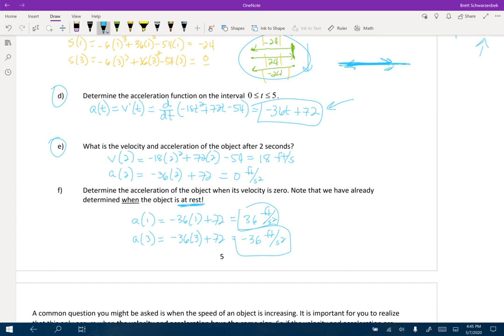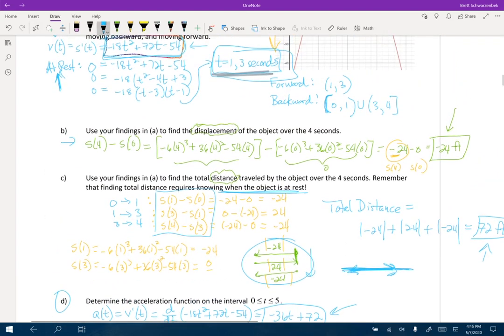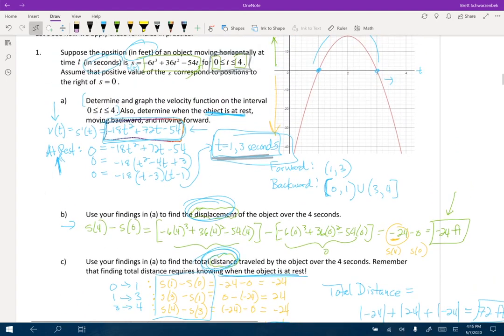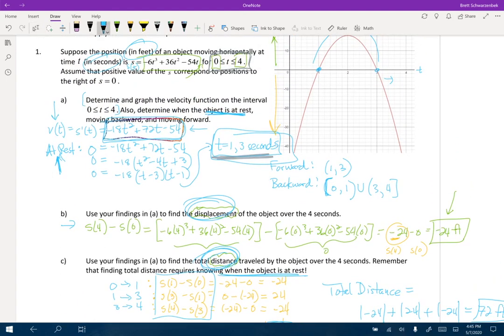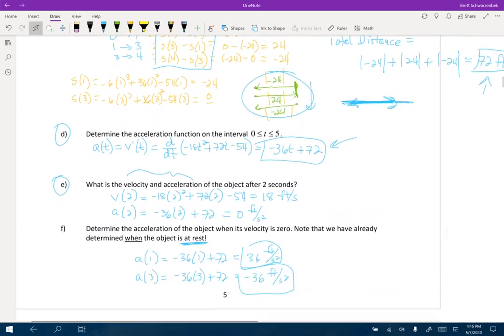It is a little bit of a challenge sometimes for students because there are a lot of very tiny individual concepts in here that you have to keep track of. Besides the typical velocity and acceleration, you need to know displacement, you need to know distance, and you want to talk about when an object is at rest, moving forward, backward. All of that is really something that could appear on an exam, so you have to be ready for it.